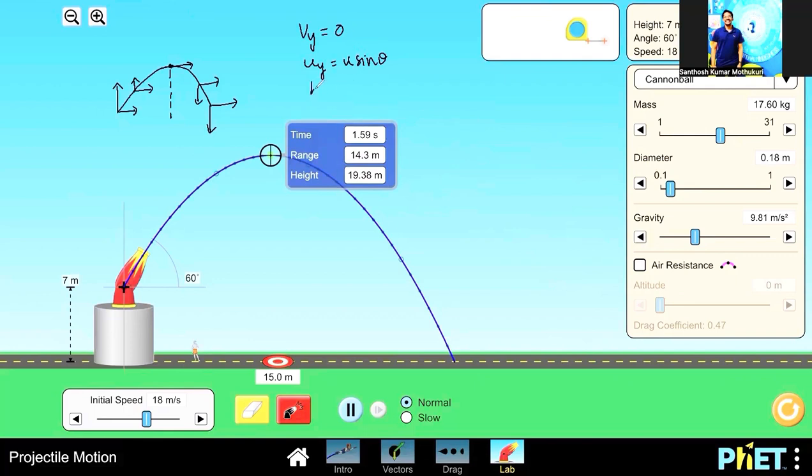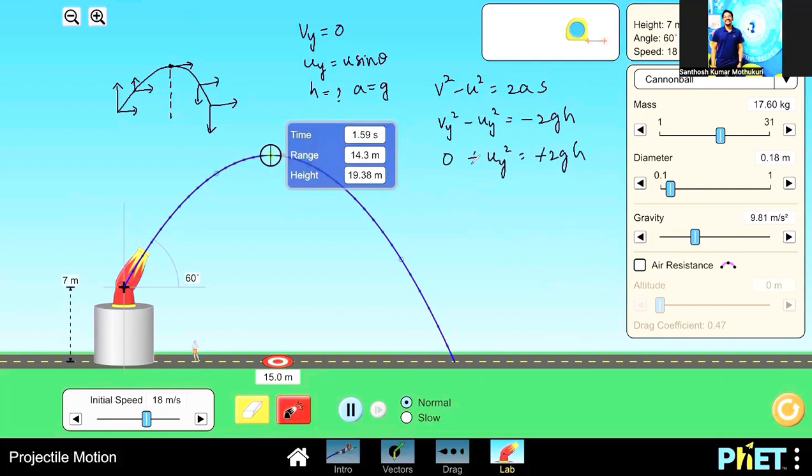And you know a is equal to g. So we can use the formula v squared minus u squared is equal to 2as. Now vy squared minus uy squared is equal to minus 2gh. This component is 0, so minus uy squared is equal to minus 2gh.